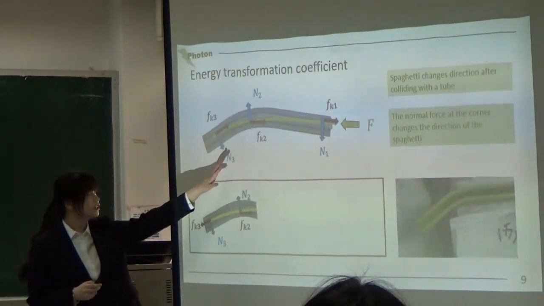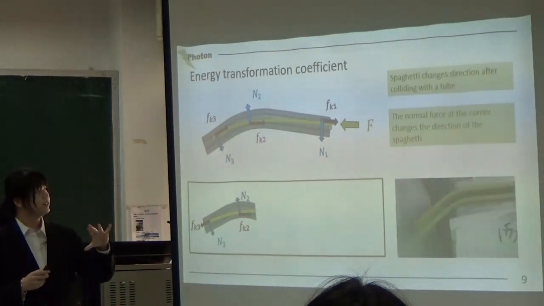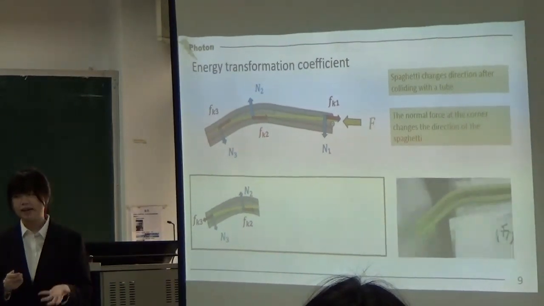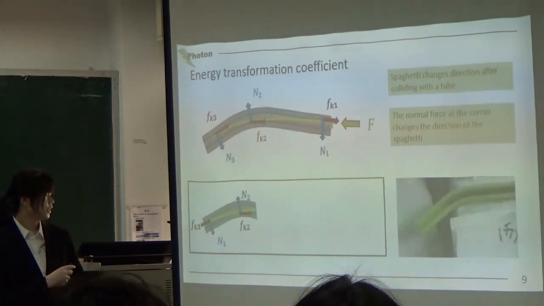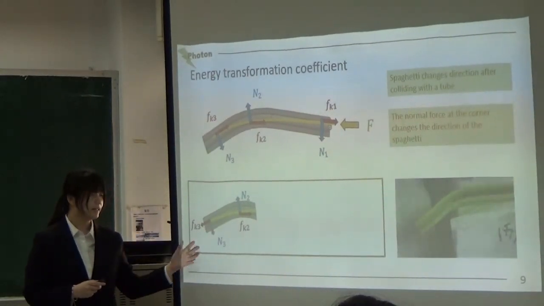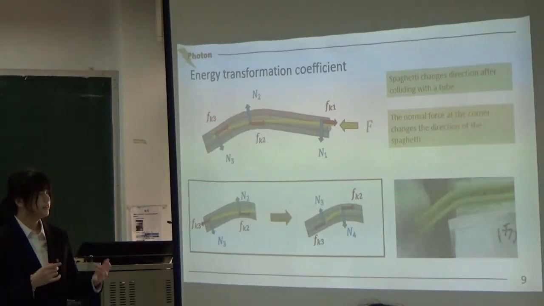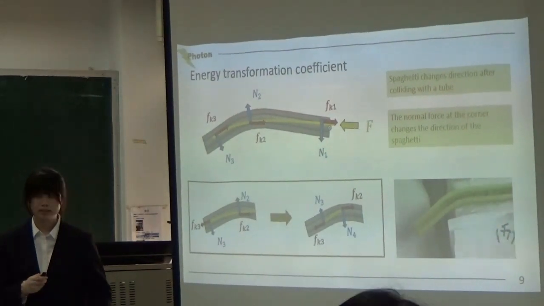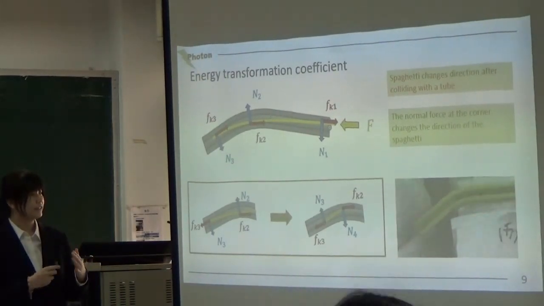But at the corner, the N2 normal force is not perpendicular to the spaghetti, so the direction can change. When the spaghetti breaks, it will hit the tube again, so there is another normal force to change the direction.